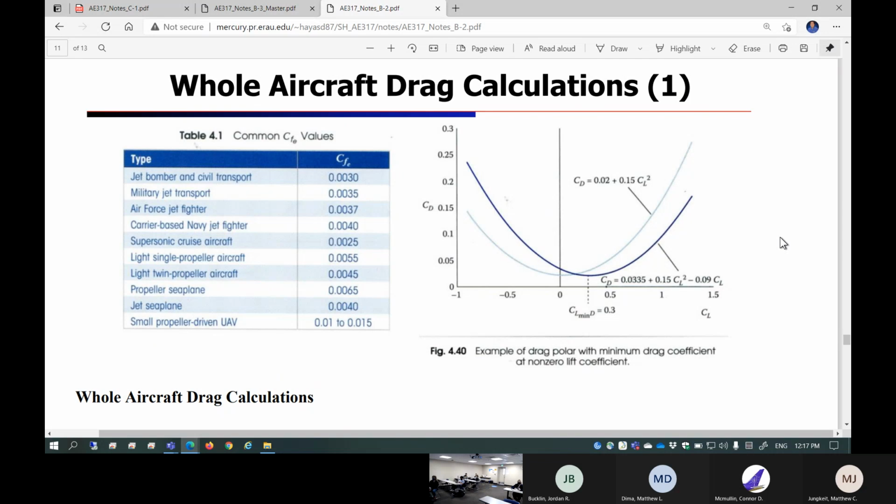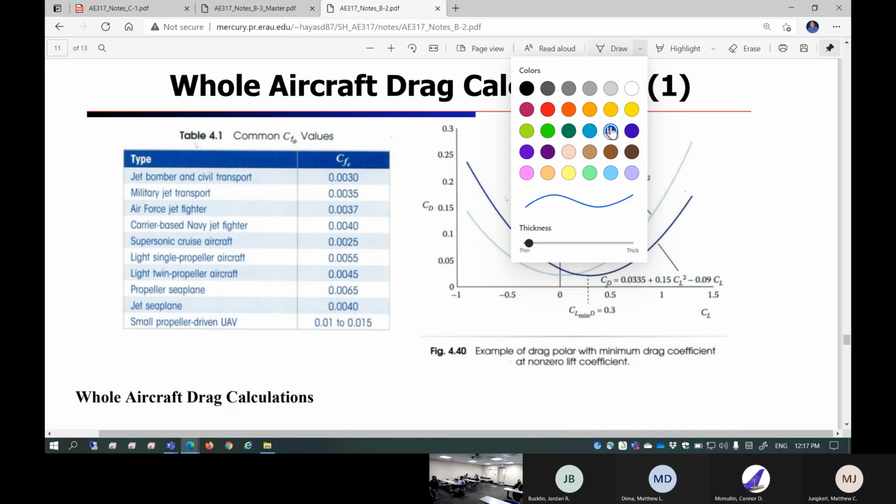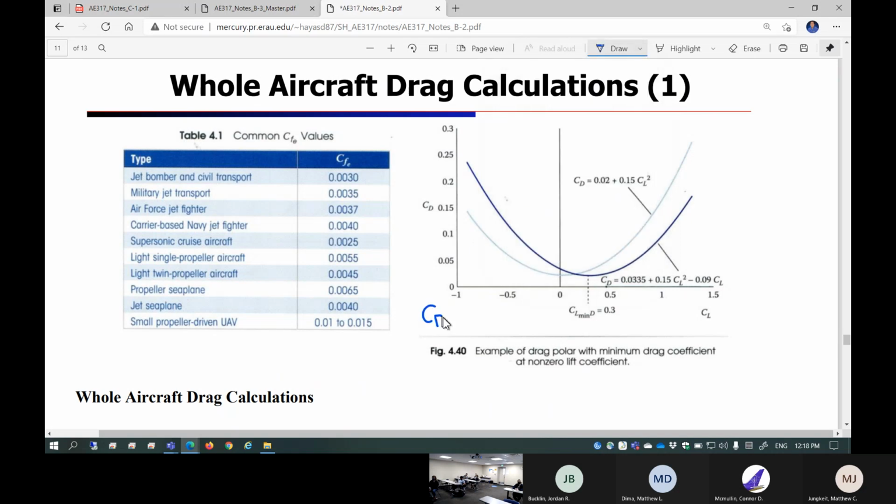This drag polar is usually expressed using a second order polynomial function. It could be completely symmetrical, or it could be shifted to the right side. It depends on how you design and configure your airplane. Some airplanes show that the minimum drag point is shifted. It's not going to happen at CL equal to 0. In other words, you know CD0, okay? What's the name of CD0?